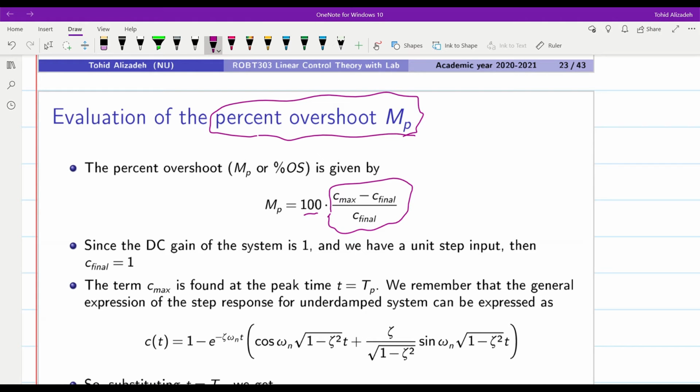As a result, the C final will be equal to 1 as well. Therefore, we just need to find out the value for C max. So we will have C max minus 1 over 1, or 100 times C max minus 1 will give us the percent overshoot.